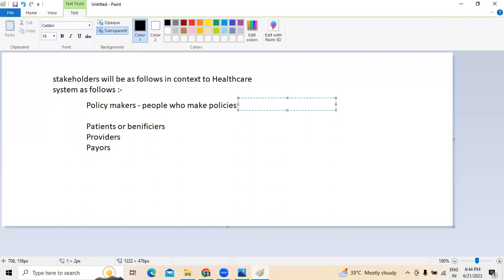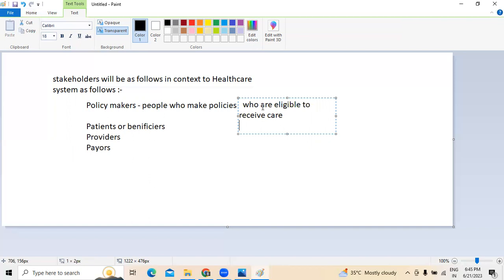So who are eligible to receive care? This is point number one. Because if policymakers want to make some decisions, they must know about the people who are eligible to receive care.